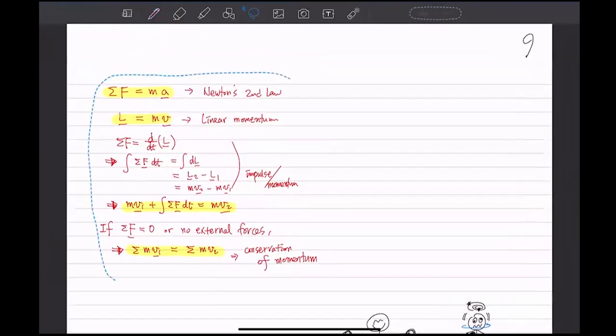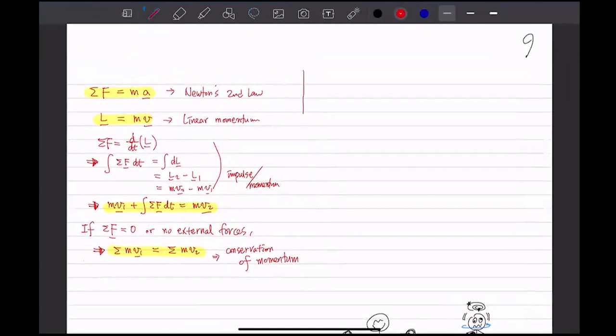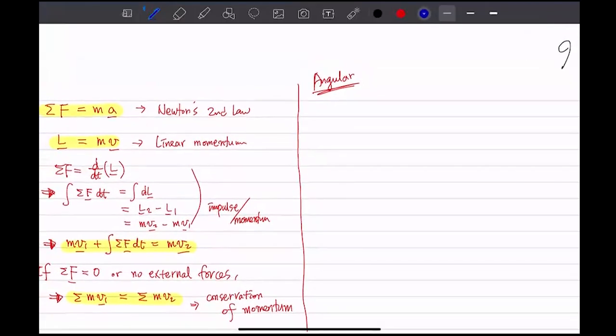And we have the one-to-one matching of this for the angular space, angular motion. Let's change this to a slightly different color. So the summation of all the moments of force, or that's the torque, is just r times the summation of force, and that's r times ma.